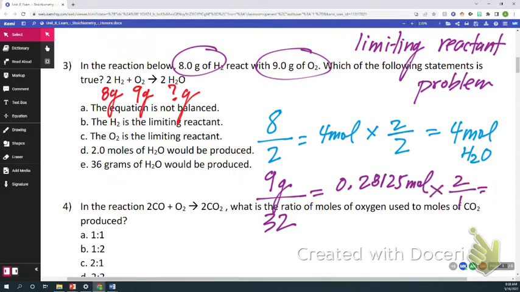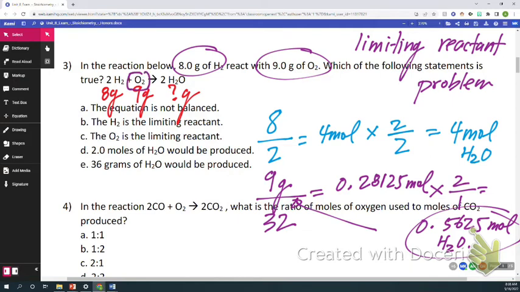There's a 2 in front of H2O, there's a 1 in front of oxygen, and multiply by 2, and you're ending up with 0.5625 moles of H2O. Which one is less? This one's less, and it came from the 9 grams of oxygen, so oxygen is limiting. So I would think that just C is the answer here.